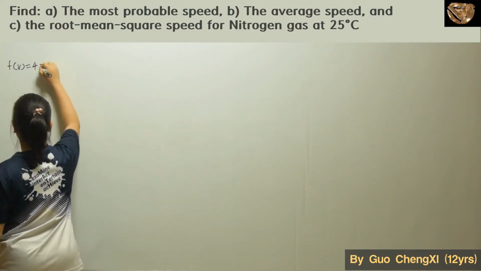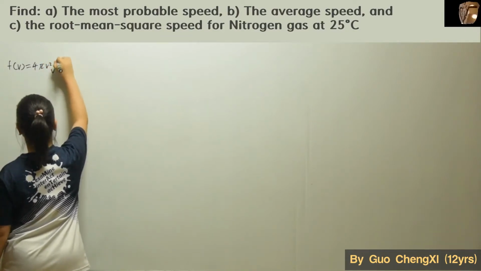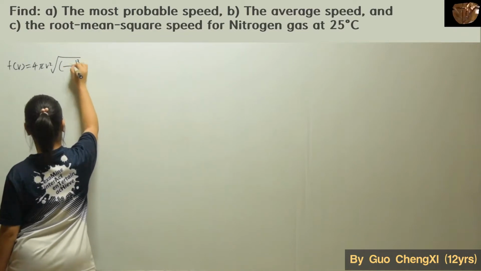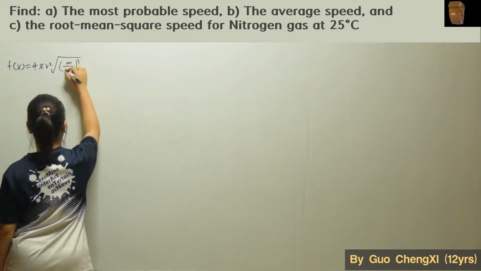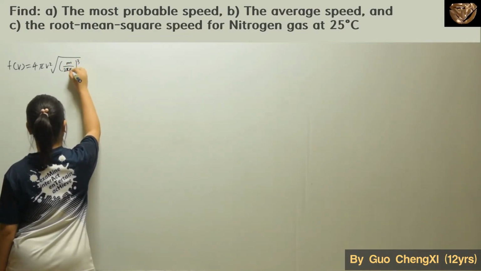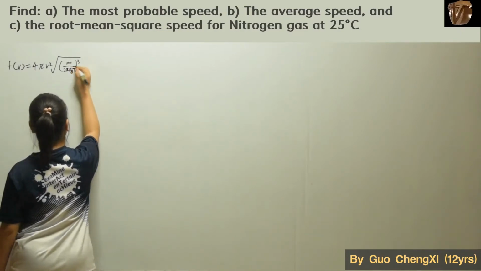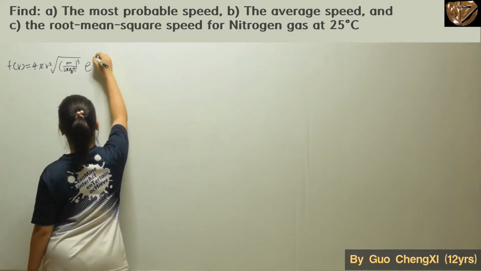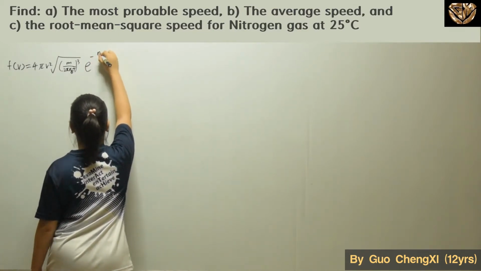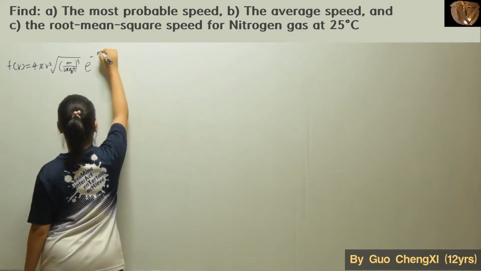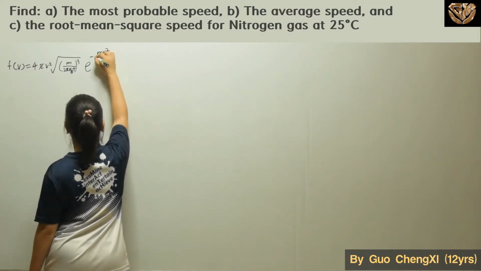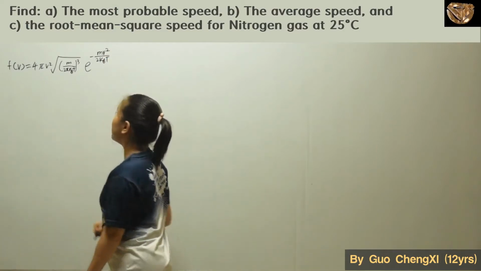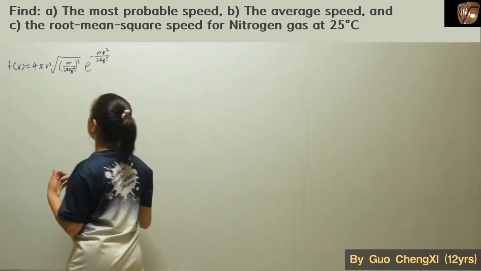So it is 4 pi v squared times (m over 2 pi kB T) to the power of 3/2, times e to the power of negative m v squared over 2 kB T. That's what we learned from previous lessons.